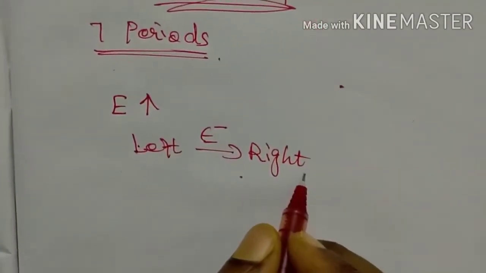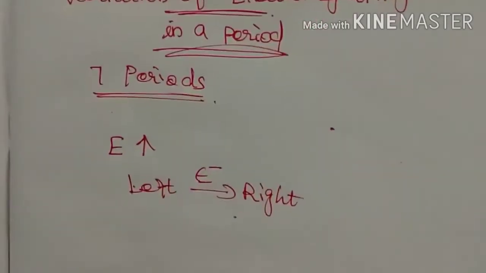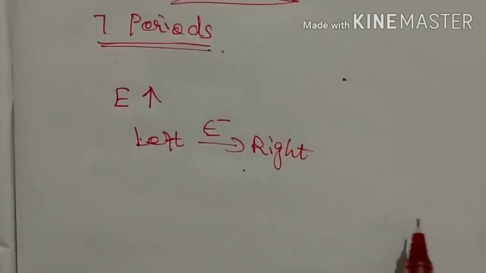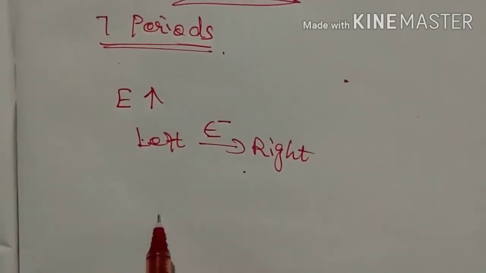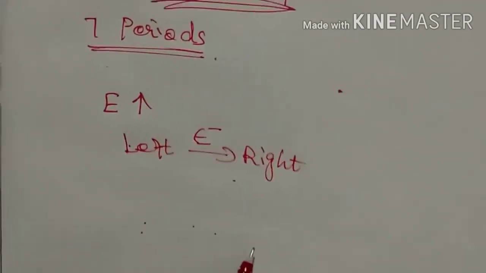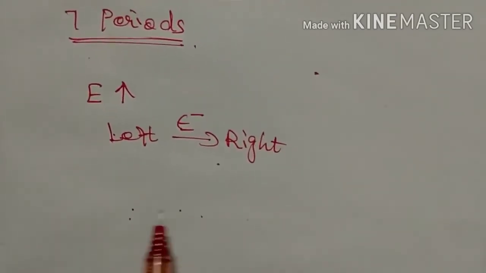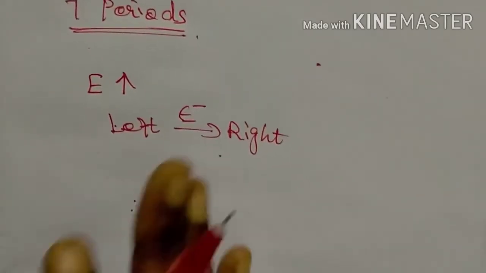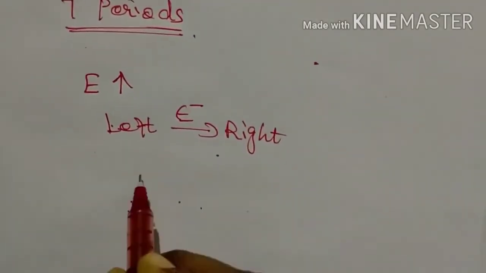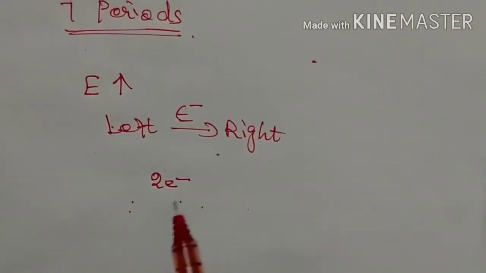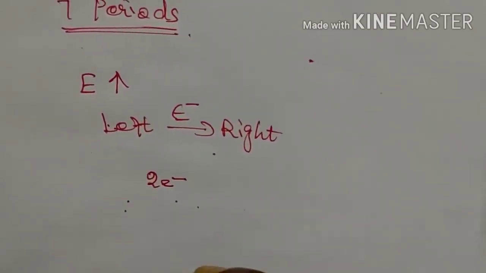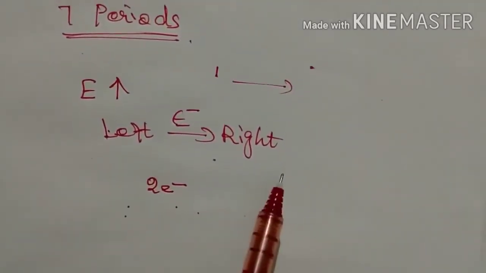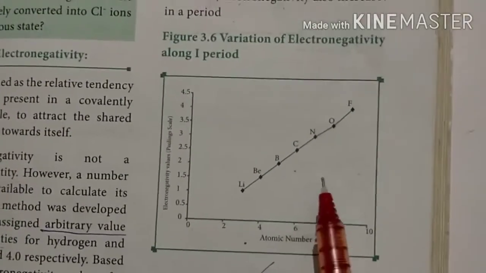Electronegativity is increasing left to right because the atomic radius is decreasing along the period, and also because of the attraction between the valence electrons present in the valence shell and the nucleus, the attractive force between the nucleus and electrons. So the tendency of attracting a pair of electrons is increasing when moving from left to right of the modern periodic table.